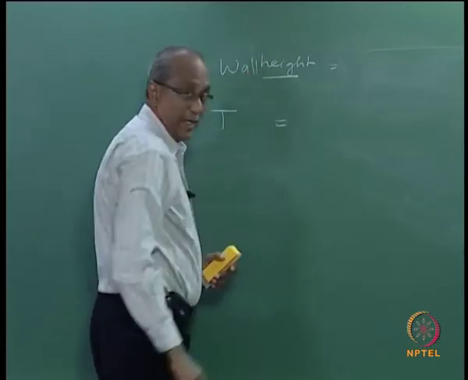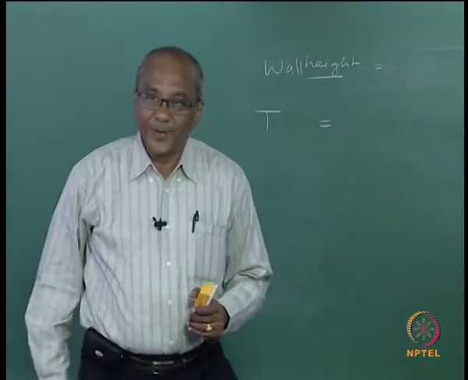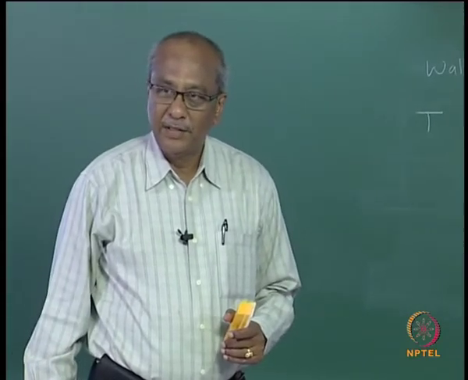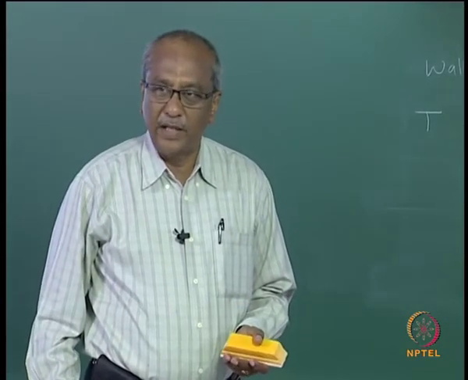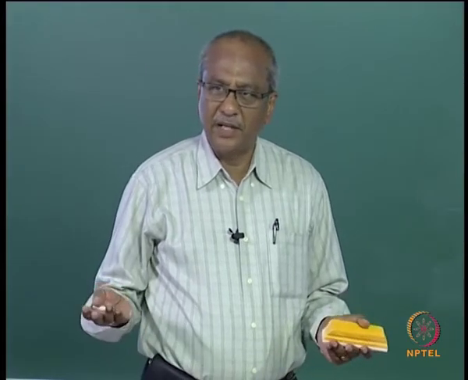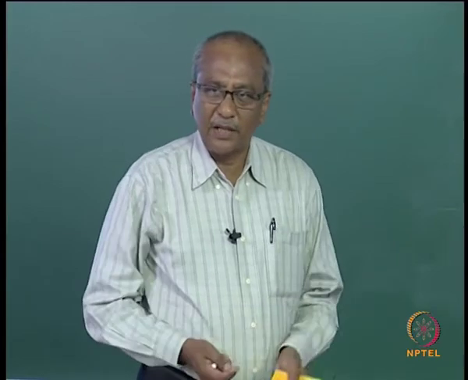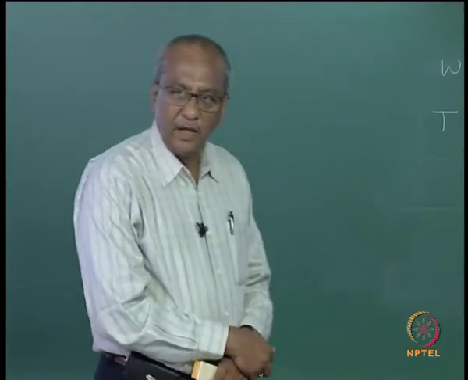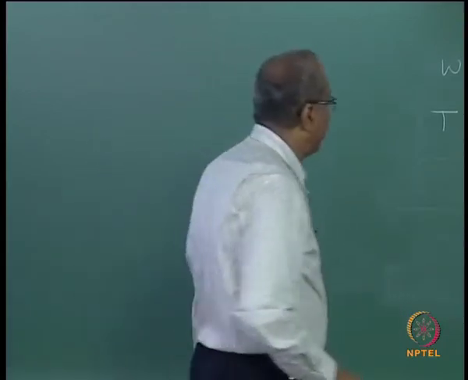Do you want to give the wall height? You do not want to give the wall height because you are comfortable with non-breaking waves, or you are comfortable with overtopping. It does not matter; if it is overtopping you need to calculate only the reduction factor. So can you fix the wall height, how much? 8 meters.